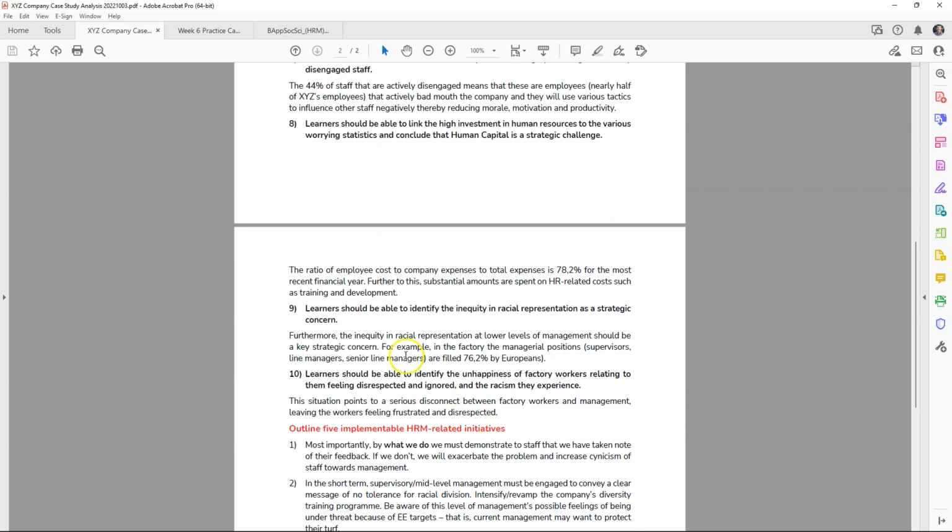And then of course the other important factor that is highlighted by the statistics, which I think is still in some cases a concern in real business in South Africa, is the inequity of racial representation, I suppose particularly at the senior level and at supervisor level often and so on.